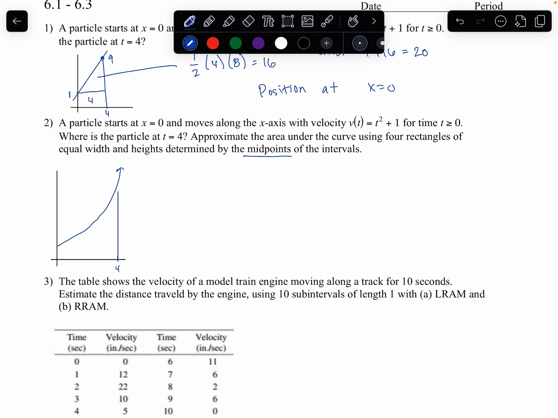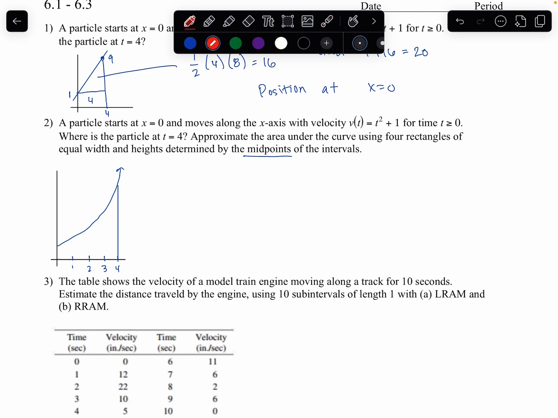So we want the area underneath this curve right here, but we're going to use 4 rectangles of equal width. And so that means each rectangle is just going to have a width of 1. Okay, and we're using the midpoints of these intervals right here.